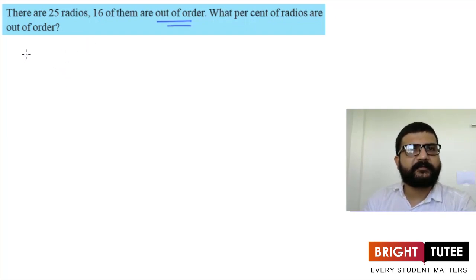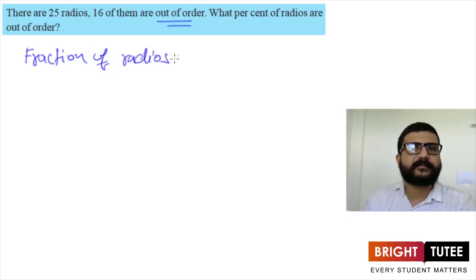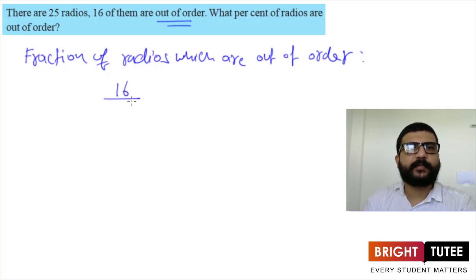So it will be like this: the fraction of radios which are out of order will be 16 upon 25, as 16 out of 25 radios are out of order. So it will be 16 upon 25.